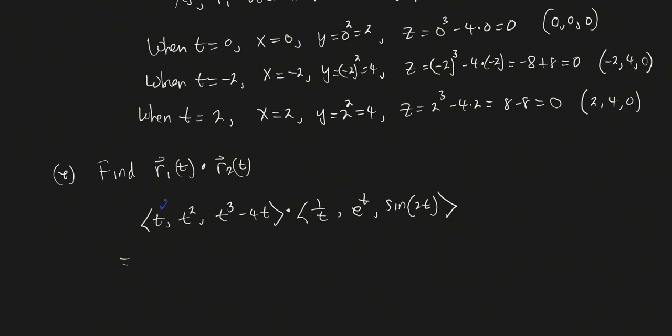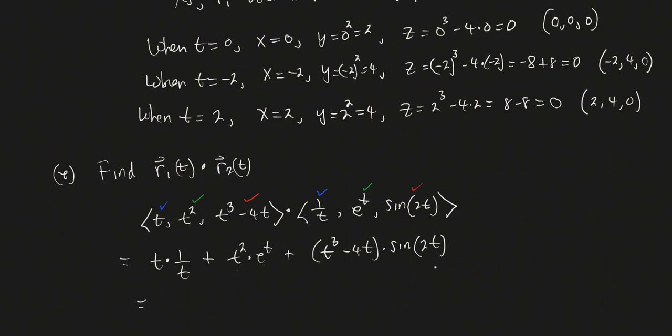We're going to multiply the corresponding components and then add them together. So we have t times 1 over t, plus t squared times e to the t, plus the quantity t cubed minus 4t times my trig function, the sine of 2t. And remember, when we compute our dot product, we no longer have components.